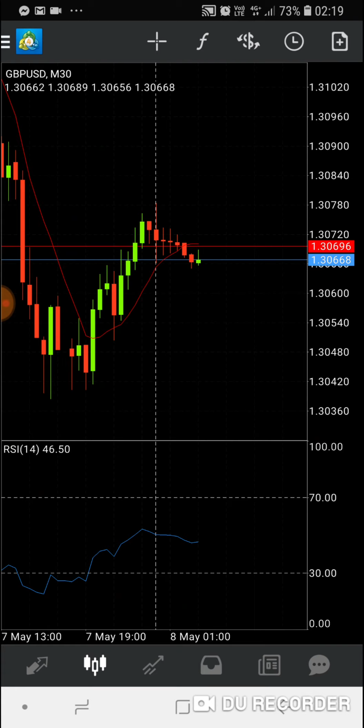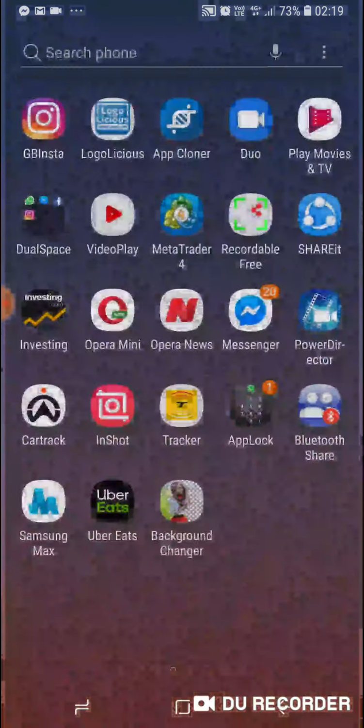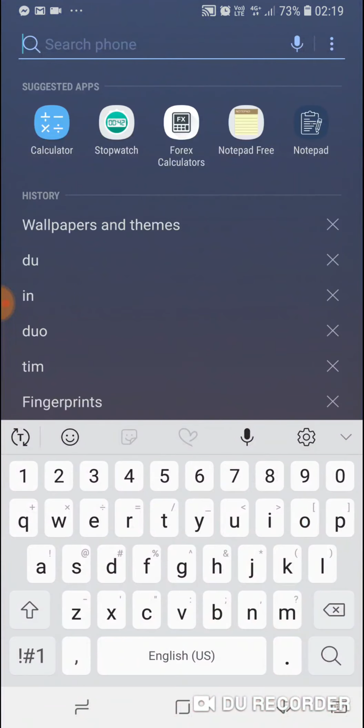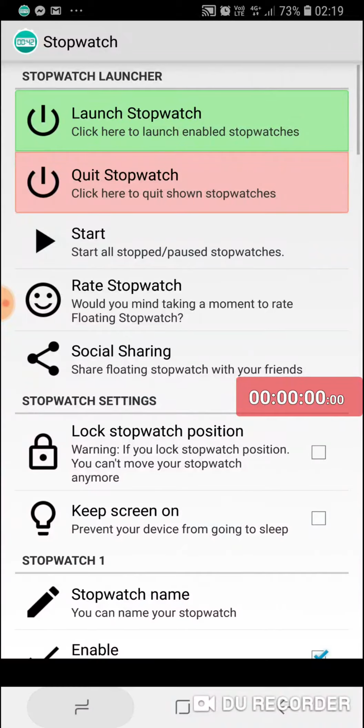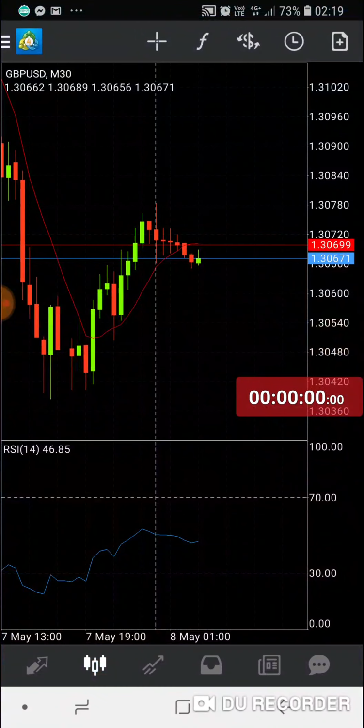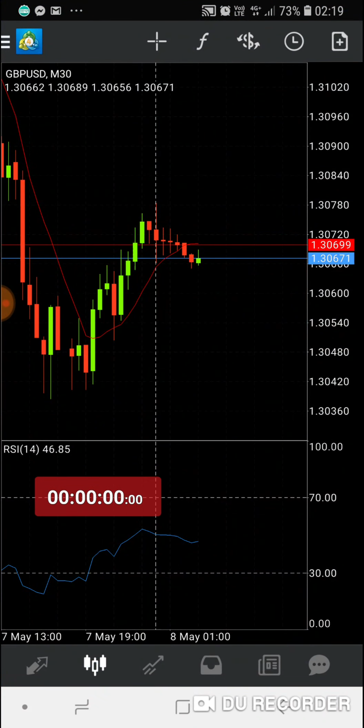However, the most important thing, you must know that you are going to be setting your orders a minute before, which is where the stopwatch comes in. You need to keep track of time so that a minute before, strictly, you are able to set your orders as instructed.